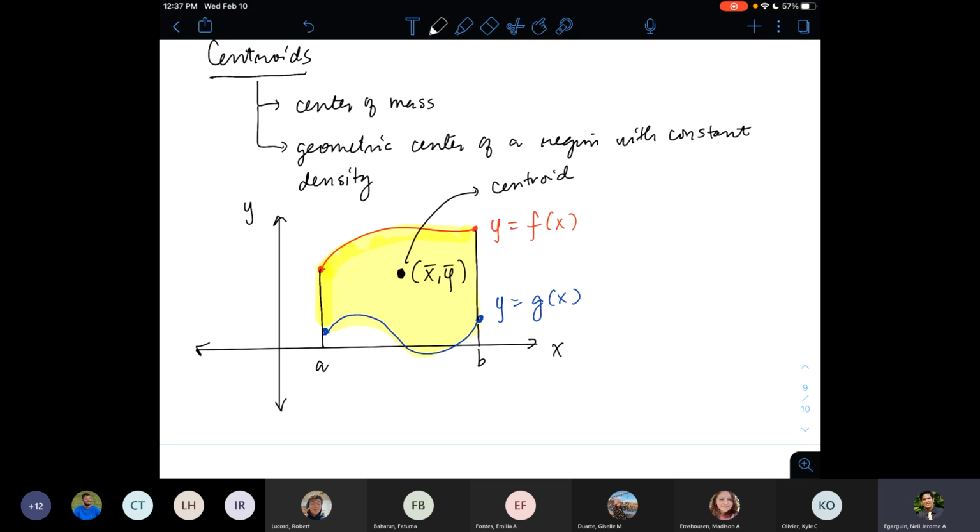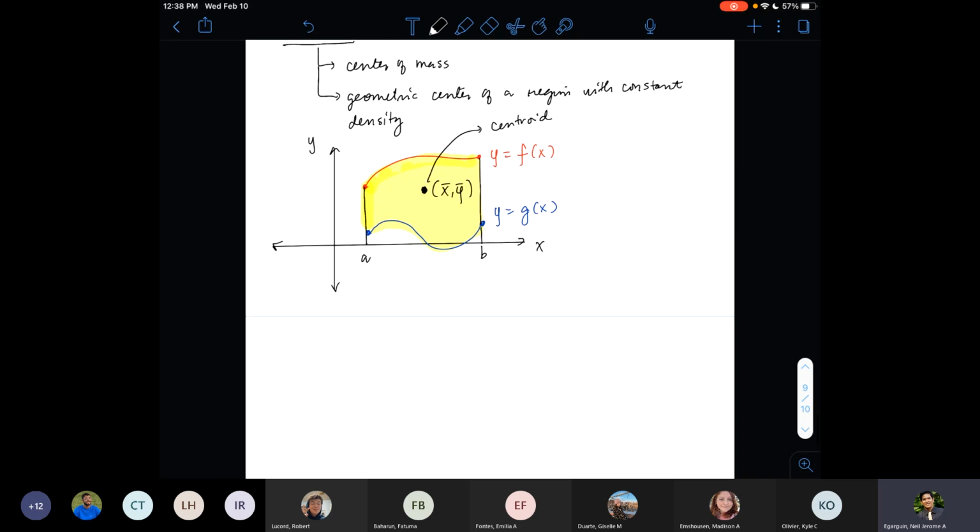So basically you are taking the middle x value and the middle y value, but you take into account the weight of those x and y values with respect to the region. You're averaging them, but putting weights with respect to where those positions are located in your plane region.